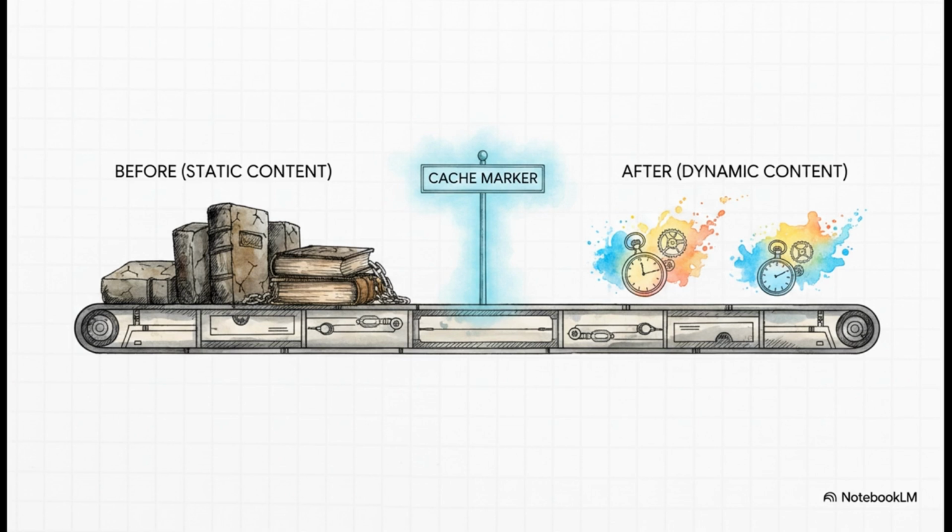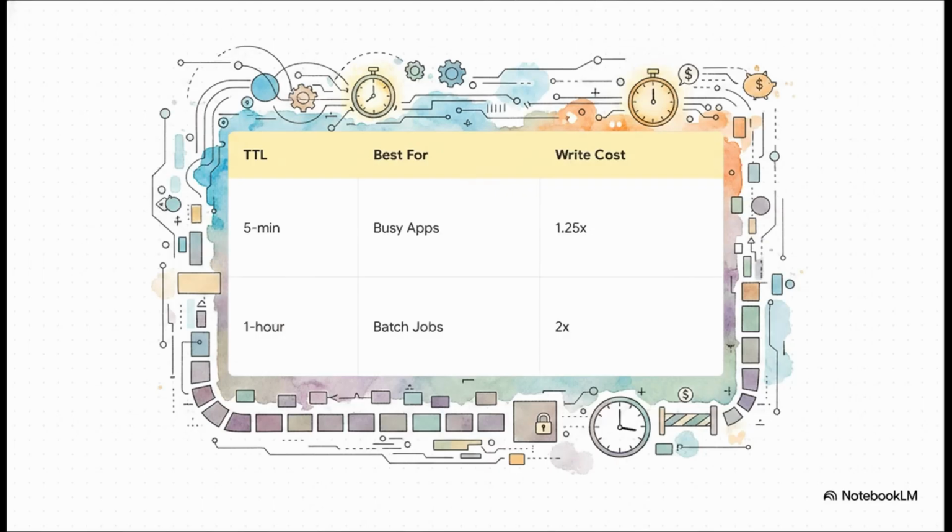Now, there are a couple more things definitely worth knowing about the expiration. The cache does expire. The default setting is 5 minutes. There's also a 1-hour option you can use, though that one does cost a bit more to write. But here's the really cool part. Every single cache hit actually refreshes that timer at 0 extra cost.